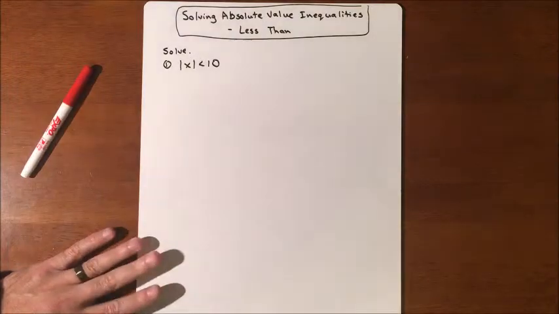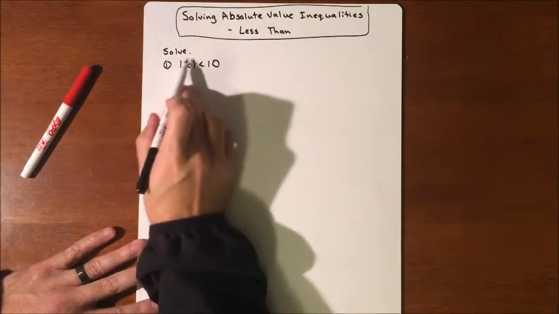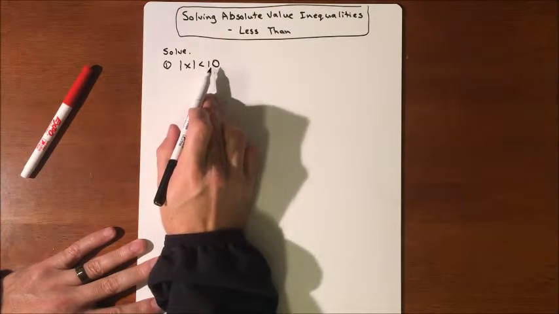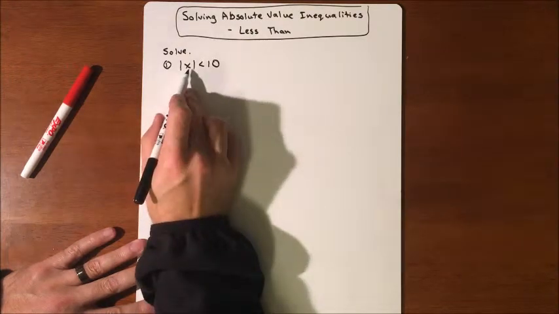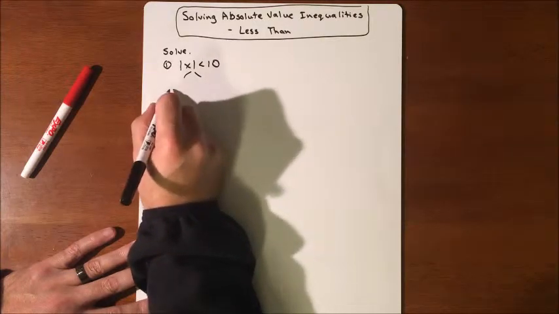So in order to solve an absolute value equation, we need to be looking for a couple of things. Is the absolute value isolated? Yes. And is this a positive value? If it's a negative value, we'll see what happens on the next problem. But absolute value is isolated, positive number. We are ready to break this into our two equations.